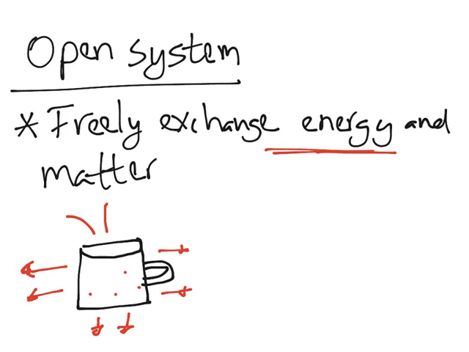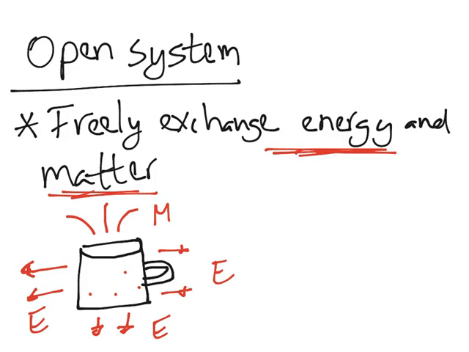So let me write energy here, and matter here. And how it exchanges matter is in the state of steam, so vapor. So you will see a gas coming out when you have a very hot liquid, and that is because it is exchanging matter. So matter and energy, that's what makes up an open system.